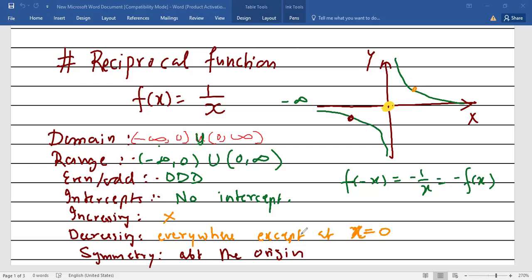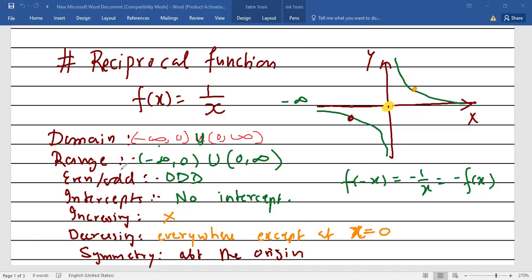Yes, the quadratic function. Correct. Have we seen any function which is not symmetric at all? Yes, the square root function and the linear function. Perfect.